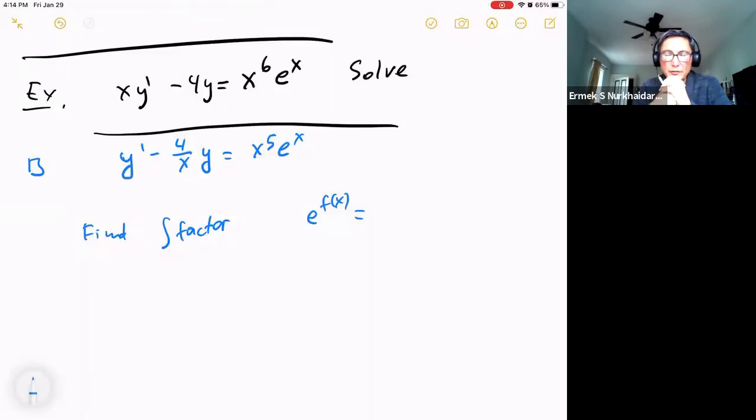So I'm going to give you a minute to try to figure it out, because it's going to involve some properties of log and exponential functions.